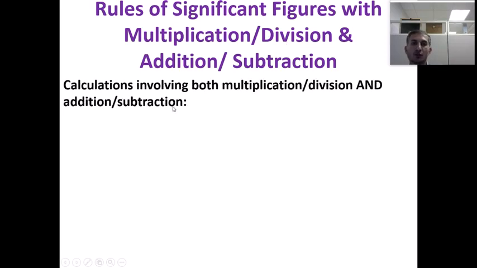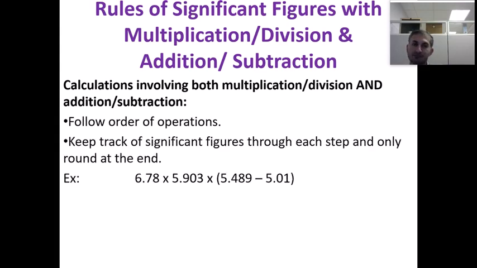I'm going to give you a very simple form of rules you need to apply. First, follow order of operations. It means if we have any parentheses in our calculation, first we need to calculate the parentheses. So in this example, I'm going to calculate the parentheses first.